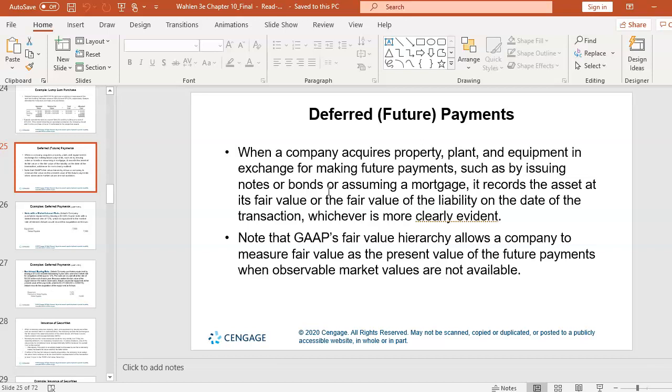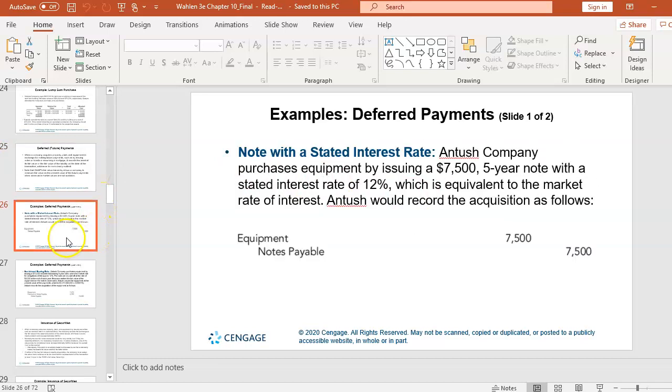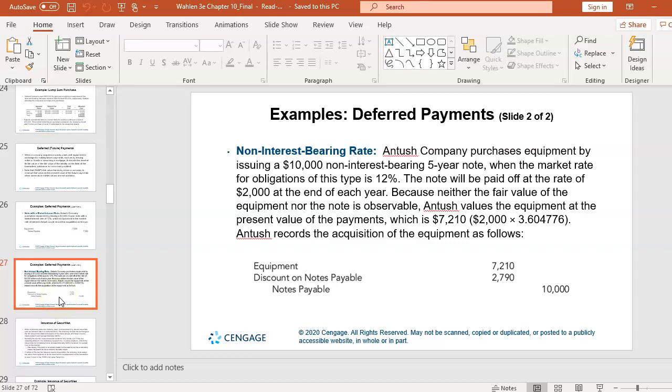And maybe you're issuing bonds, issuing notes, assuming a mortgage, something like that, in order to be able to afford and pay for the expensive item. Okay, so just be aware of that. It's very common then that you would debit some kind of an asset and credit some kind of a payable, like a note payable, bond payable, mortgage payable, whatever it might be. It's a very typical and common type of entry.